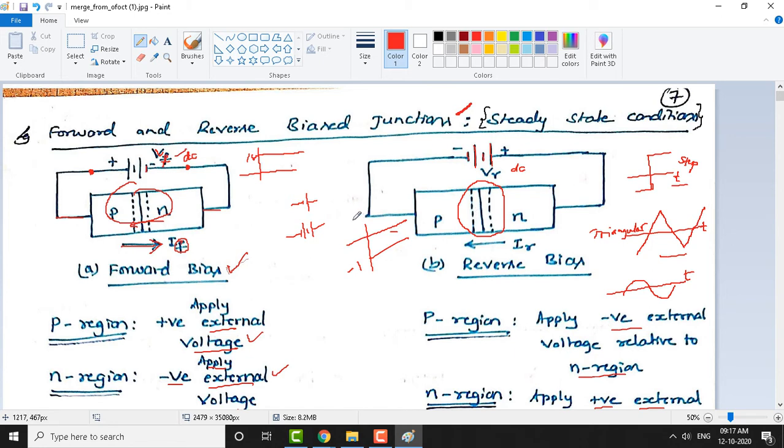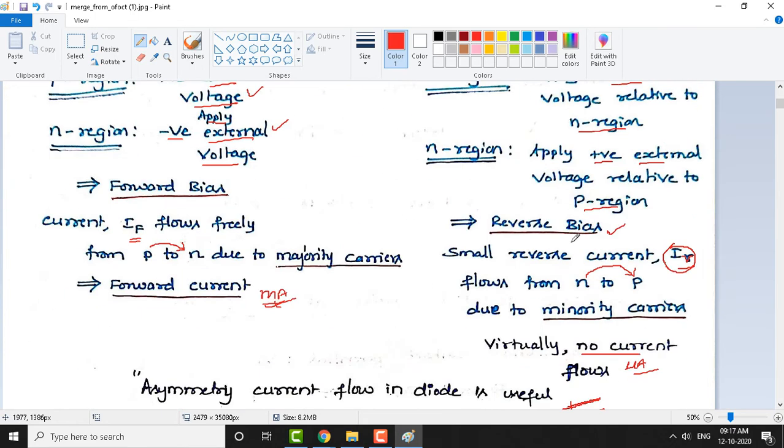The minority carriers here are the electrons. So electrons keep moving like this, and the holes keep moving like this. Since minority carriers in the P region or N region are very few in number, it results in a very small current.